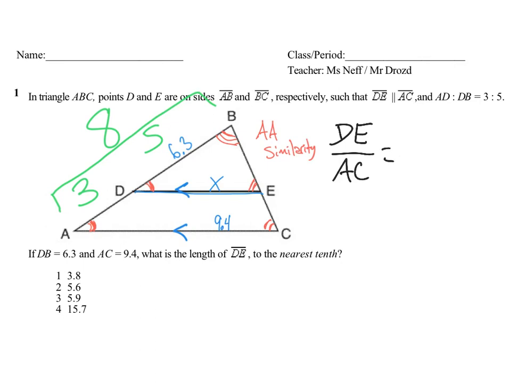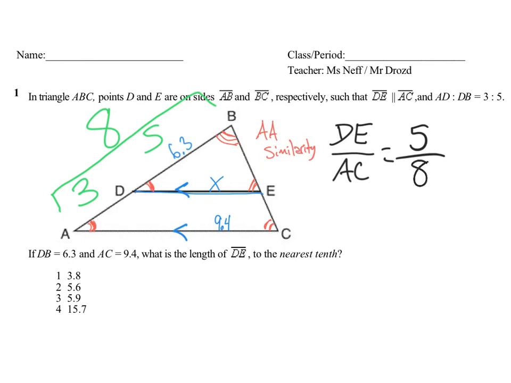I'm going to be looking at the parts, and if I'm looking at the smaller triangle, I can see that from D to B has 5 parts. So I'm going to put 5 over how many parts? Well, we're going to be thinking about the entire segment, the entire side. So it's not just the 3 parts, but it's both parts. So it's going to be a total of course, 8.